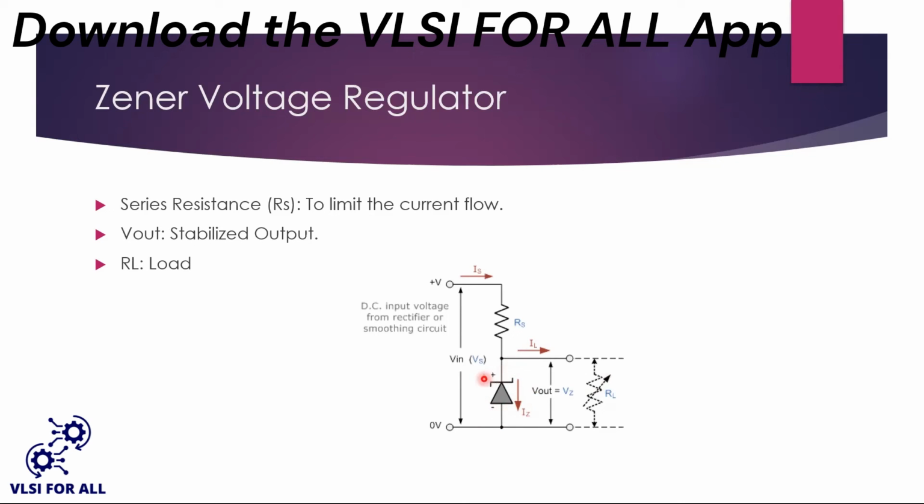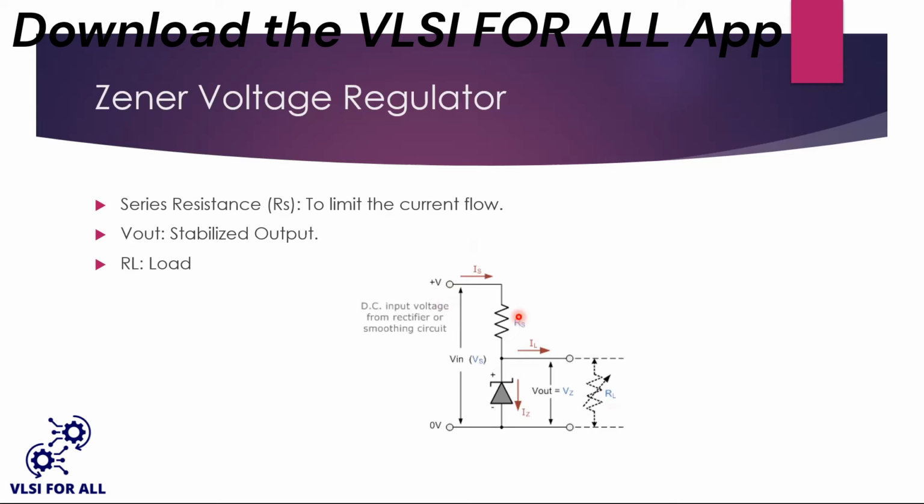The Zener diode will provide the 5 volts of breakdown voltage, due to which 8 volts or a higher voltage, above 10 volts, 12 volts, whatever you apply, won't damage the LED. The same 5 volts of the Zener diode will be applied to the LED and the load. So we are not damaging the LED by applying a high voltage. This is the benefit of using a Zener diode as a voltage regulator.